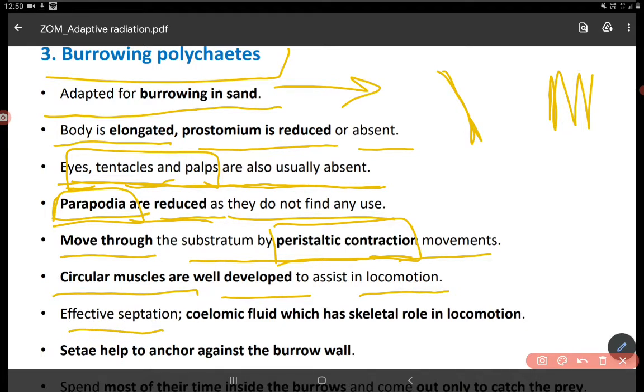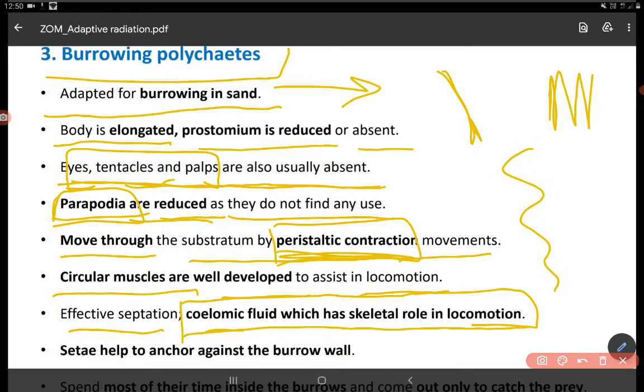There is effective septation, and the coelomic fluid has a skeletal role in locomotion. For the wavelike contraction and relaxation of peristalsis, they need the coelomic fluid.